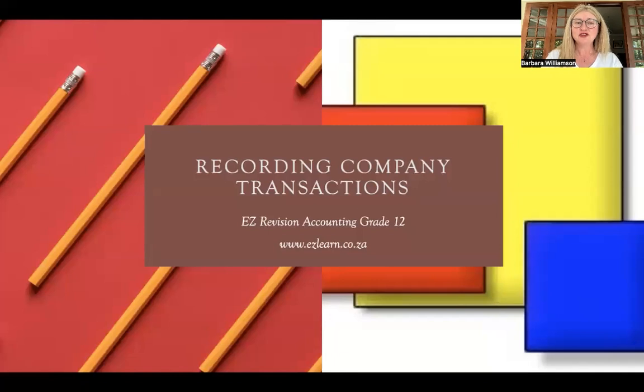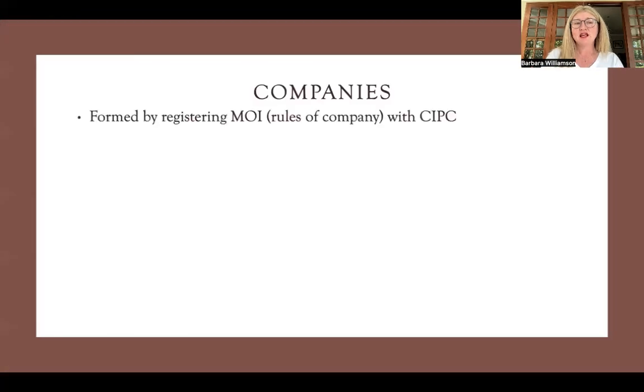This lesson looks at revising how to record transactions of companies in South Africa. Companies in South Africa can be formed by registering a Memorandum of Incorporation, or the rules of the company, with the CIPC. The CIPC is the Commission for Intellectual Property and Companies, and basically it behaves as the home affairs of companies.